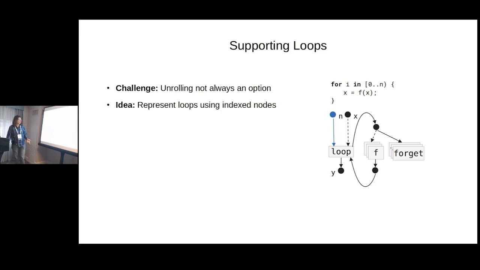So we also have dependency edges which are expressed symbolically. For example, f_i has to happen after f_(i-1), but forget_i must happen after forget_(i+1). So this is an interesting challenge that we believe we're the first ones to solve, at least in this way.